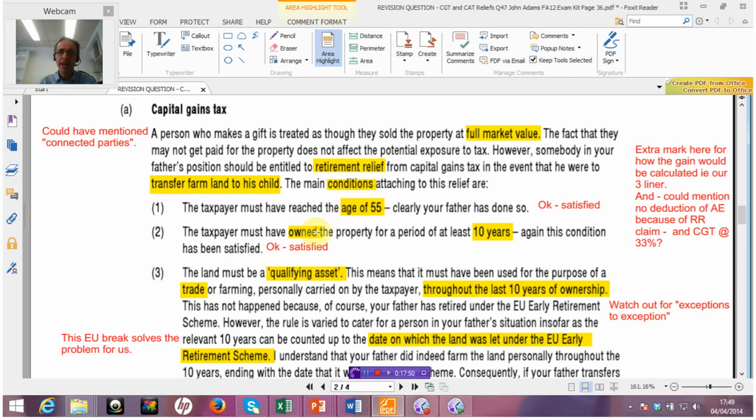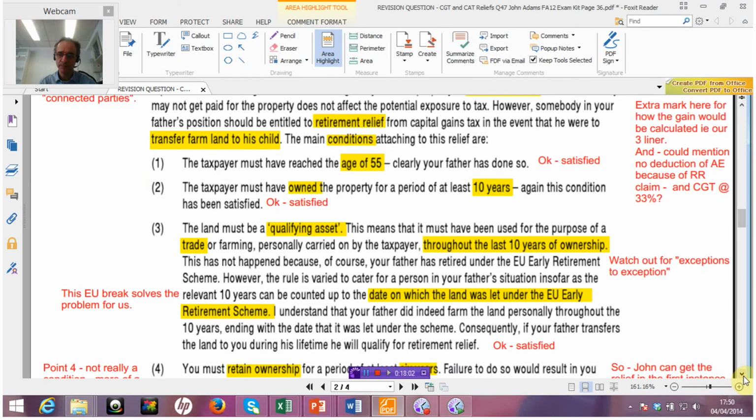Okay. Next condition here is just this ownership one for 10 years, and again they've said, well, yeah, you have owned it for 10 years, therefore that's satisfied. Third key thing, and this is where we have the issue here, is that the property for retirement relief must be a qualifying asset. So in this case, what we're looking at is a trade or a trading business.